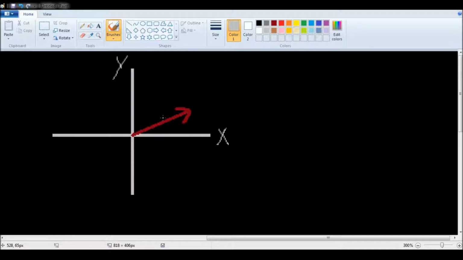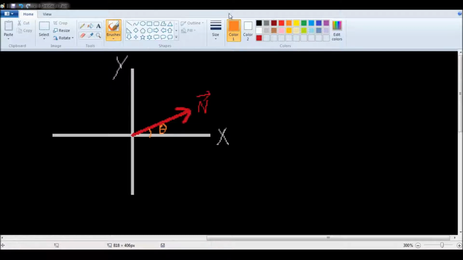So we have this vector, and let's give it a name. Let's call this vector n, capital N. Okay, so let's call this vector n. That's a little better. So this is our vector n, and it's pointing in this direction at an angle that I'm going to call theta again.